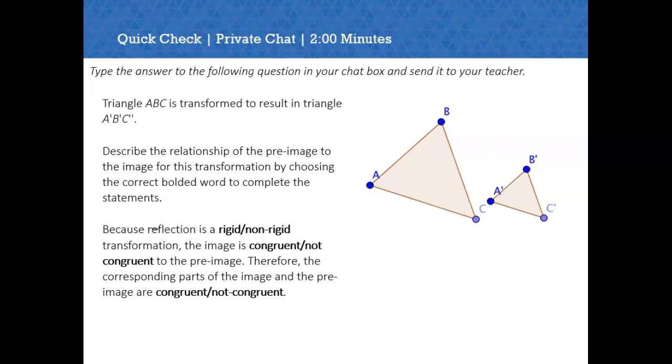This should say dilation. A dilation is a non-rigid transformation. The image is not congruent to the pre-image. Therefore, the corresponding parts of the image and the pre-image are not congruent, meaning not the same size.